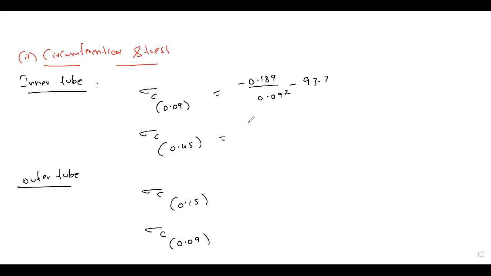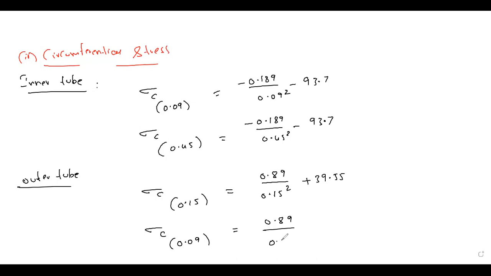And the other equation is 0.189 by 0.45 square minus 93.7. Here 0.89 by 0.15 square plus 39.55. And here 0.89 by 0.09 square plus 39.55.